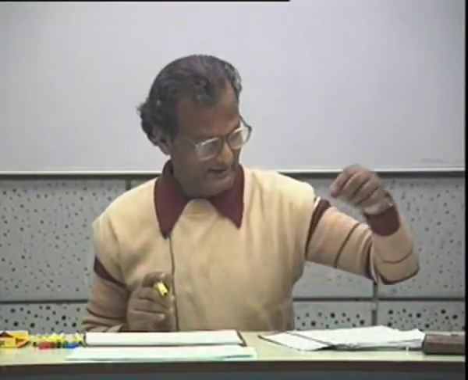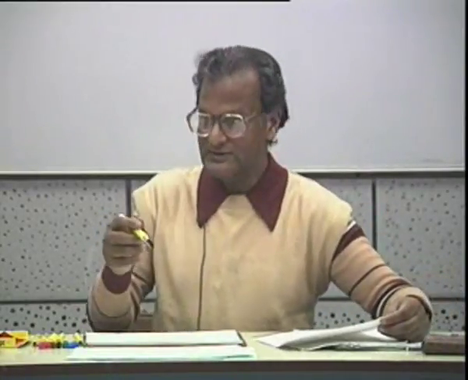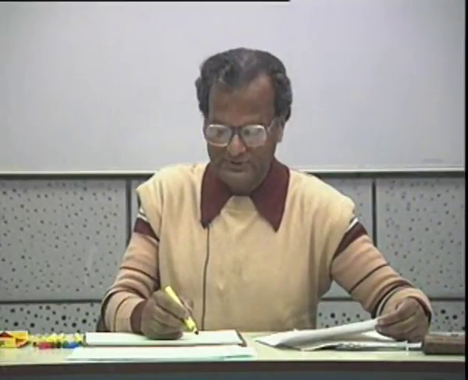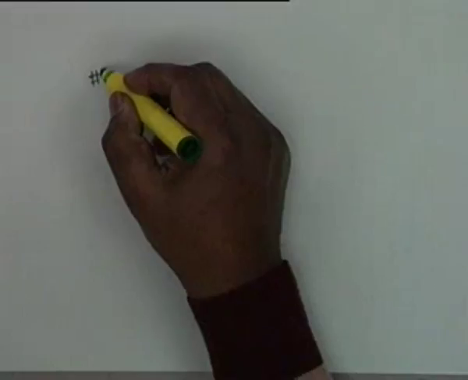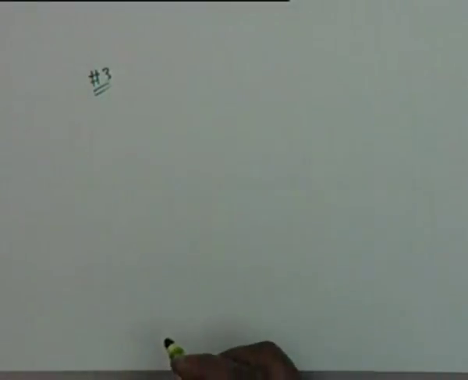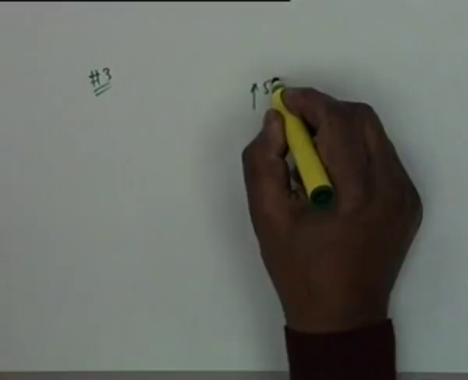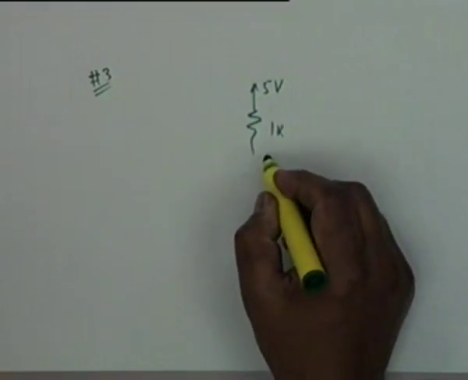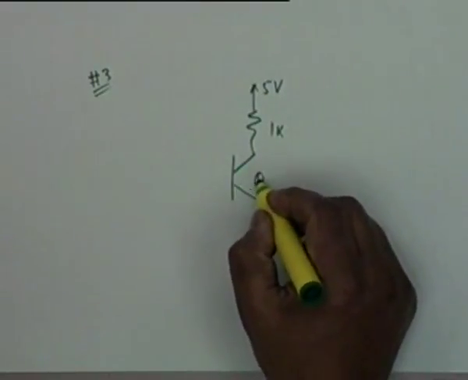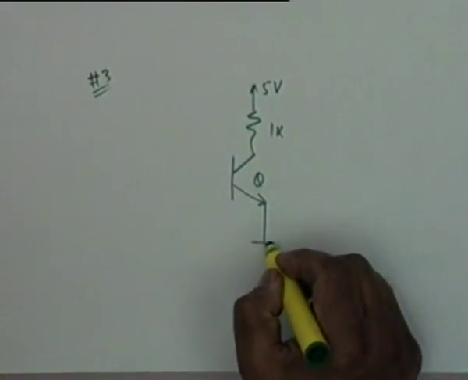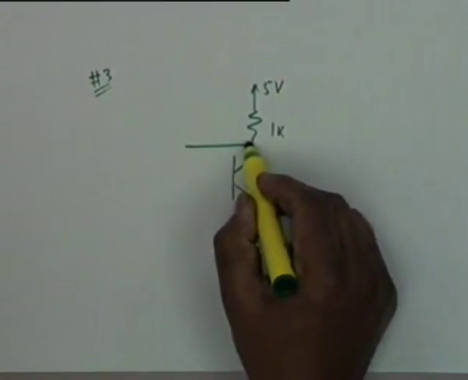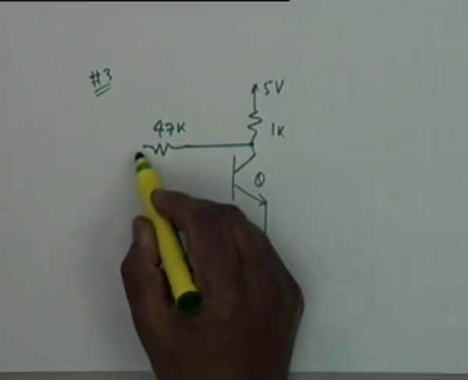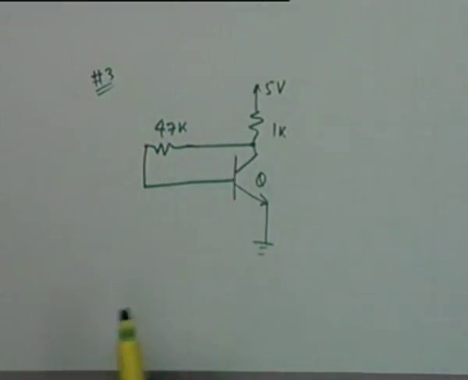Okay? Now, was question 3 done in the class? No. Tutorial class for the 2 classes that were held? No. So we'll take problem 3. In problem 3, we have a 5 volt source, a 1K resistance, an NPN transistor Q, and there is a resistance of 47K which connects to the base.